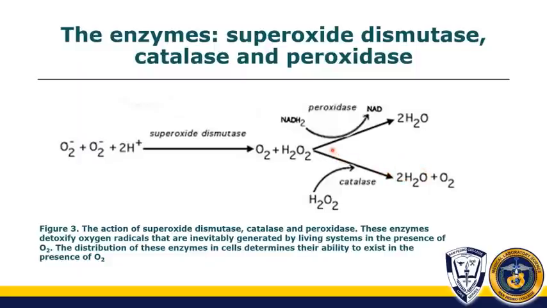On the other hand, aerotolerant bacteria like streptococci have peroxidase that can derive electrons from NADH to reduce peroxide to water.